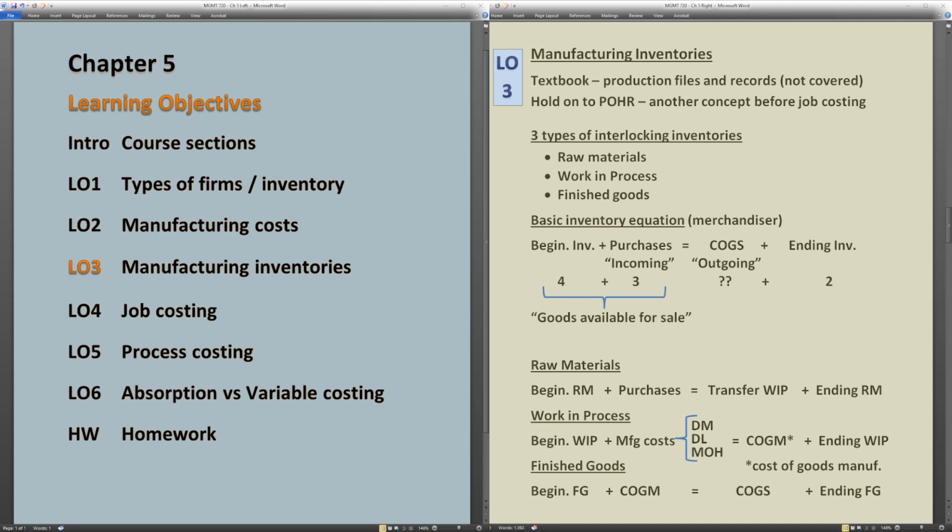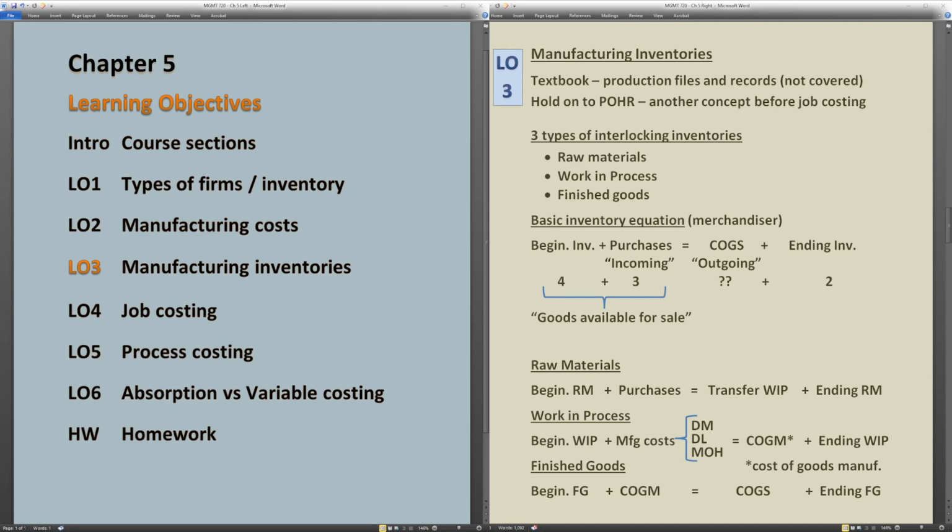So if we look at beginning work in process, we have all those things that we didn't finish last month. And then we start working on them. Well, what are the 3 costs that we use to complete the product we're working on? We have direct materials, direct labor, and manufacturing overhead.